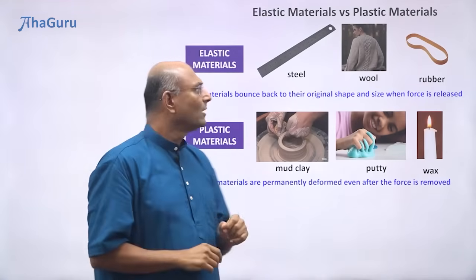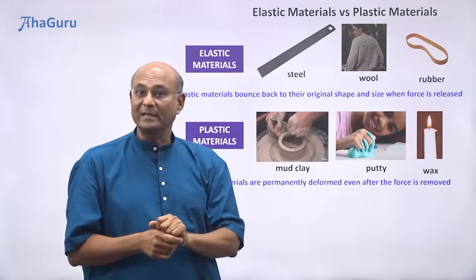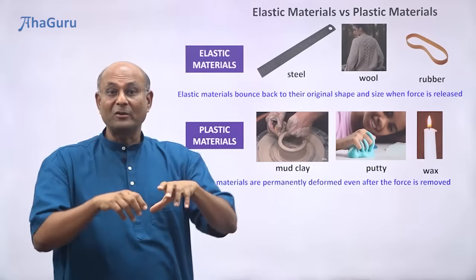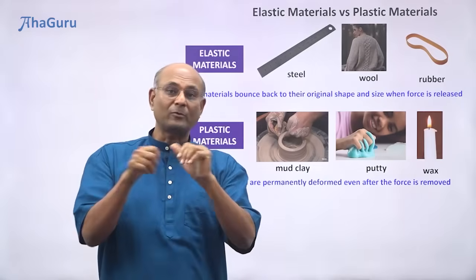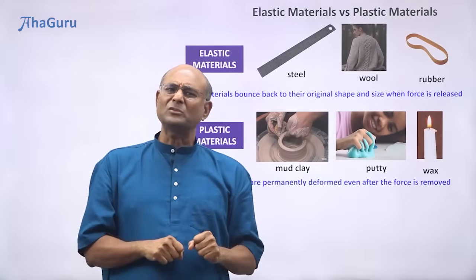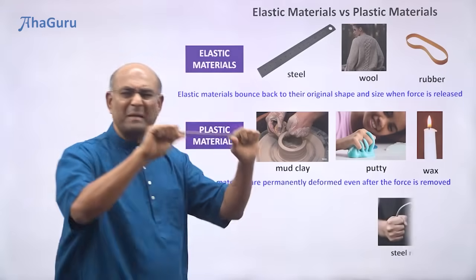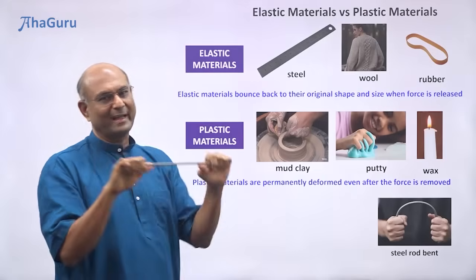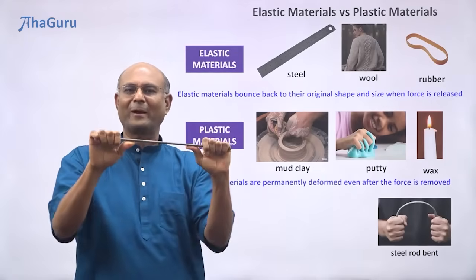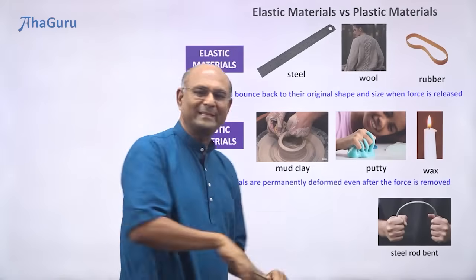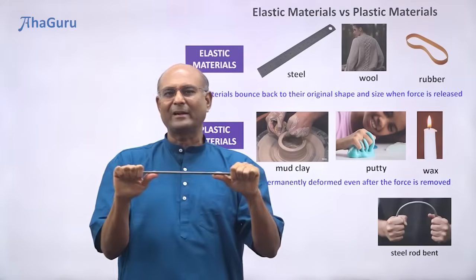Okay. Now, when we talked about elastic materials, we talked about the fact that when you remove the force, it comes back to its original position. But is that always true? Suppose I take this iron rod and I bend it. Well, I don't have the force required to bend it properly, but here you can see this strong fellow is bending this iron rod.